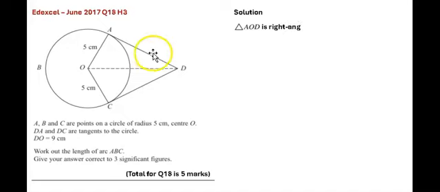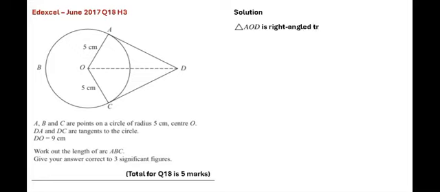Now, why is so? Well, we have a theorem that tells us that always the tangent to a circle and the radius at the point of tangency are perpendicular, so that angle is a 90-degree angle.